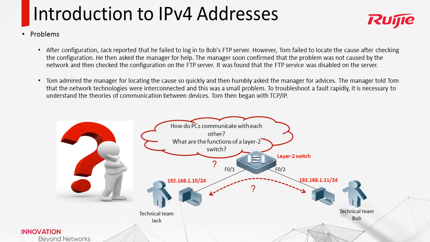Tom checked the network topology and found that in this topology we also have a switch. And he thinks maybe the problem is about the switch. So how do PCs communicate with each other, and what are the functions of a layer 2 switch? For this part, we will talk about it in our later course.